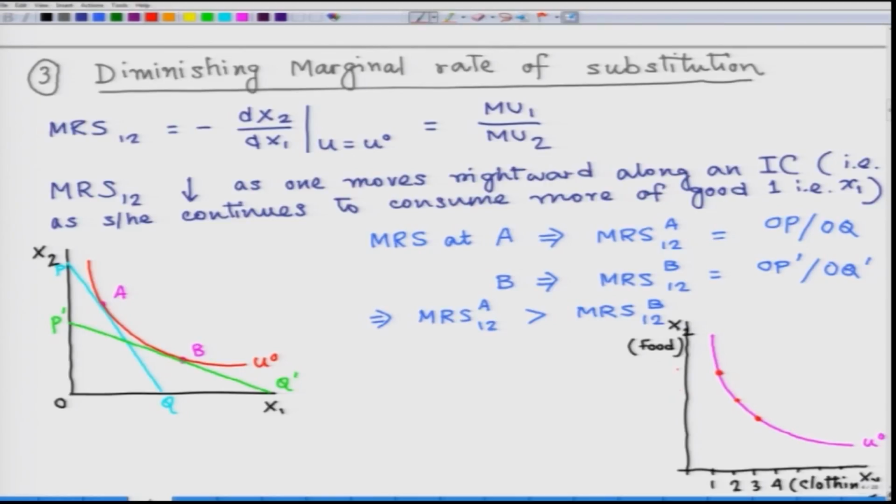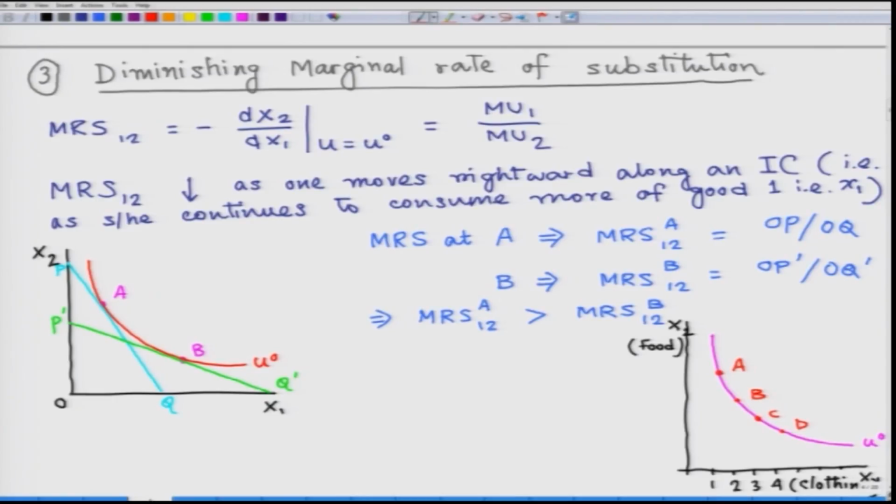We have to reduce his or her consumption of food, and the consumer moves to a point say C. So, this way the consumer makes his or her journey along the indifference curve, and he or she is moving rightward, right. Now, what does that mean in terms of MRS?